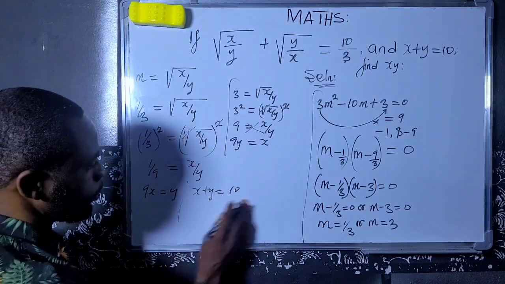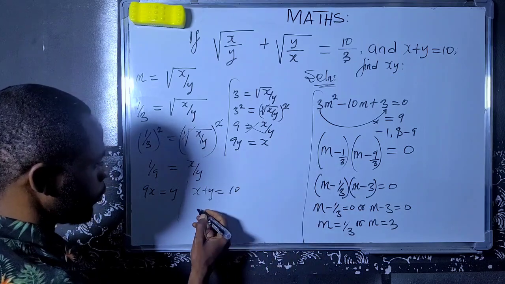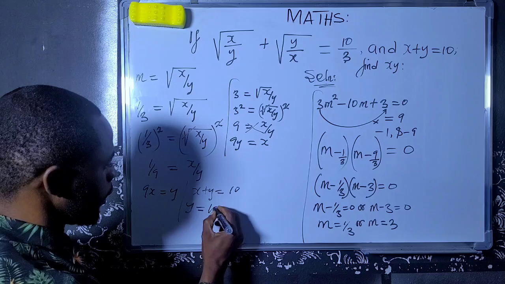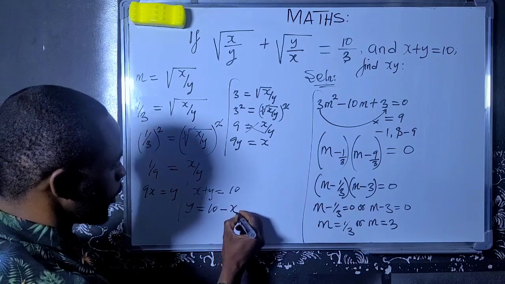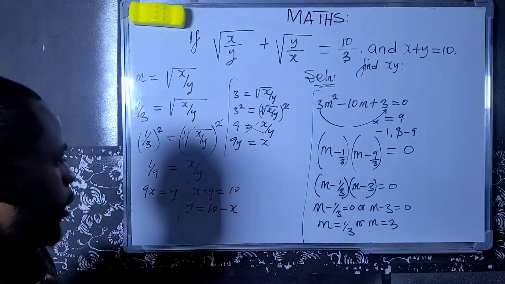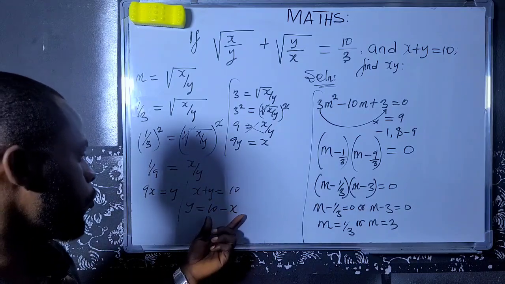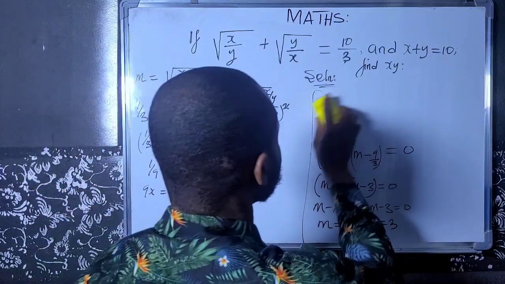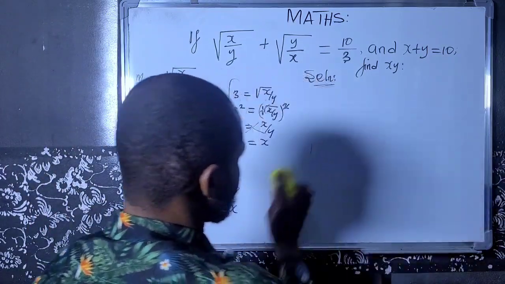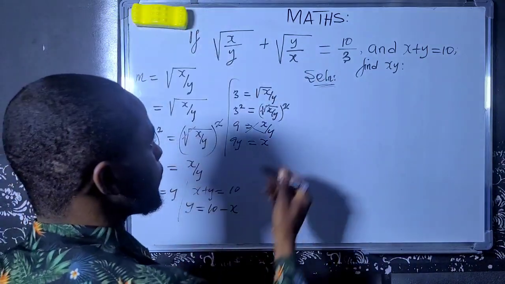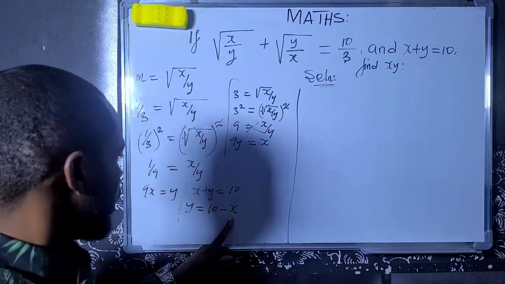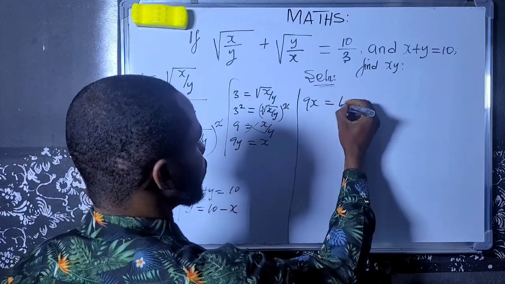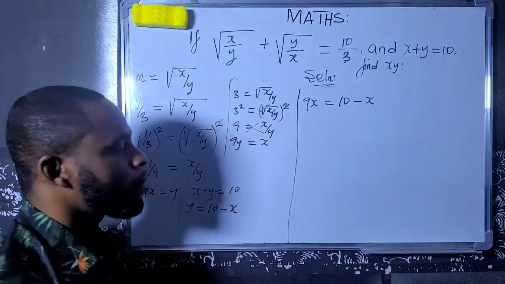From the given equation, we have that y equals 10 minus x. This implies that wherever you see y, you substitute this value. If we substitute this value here, we have that 9x equals 10 minus x.